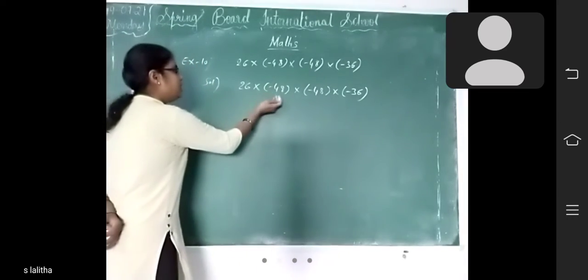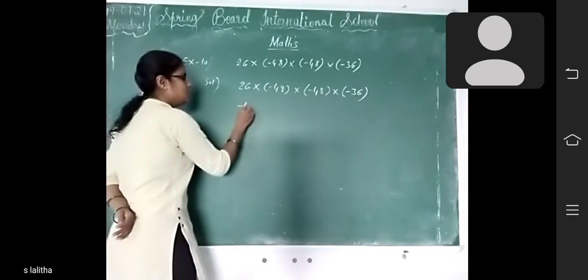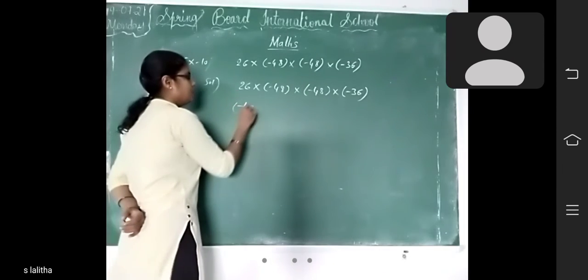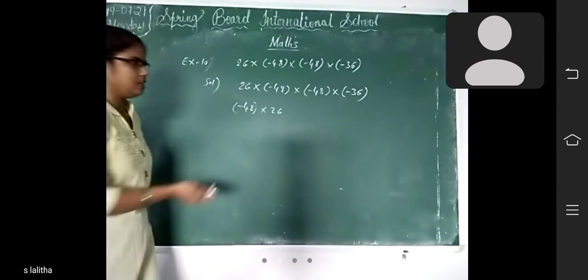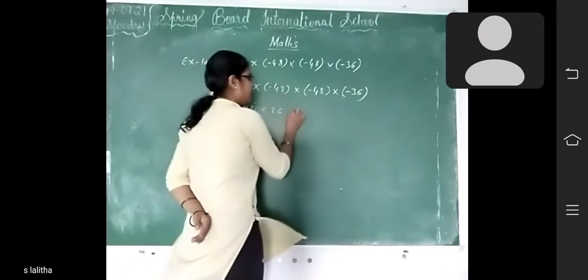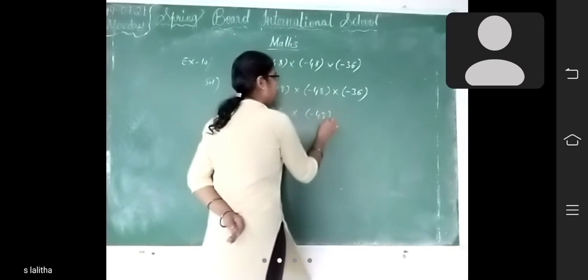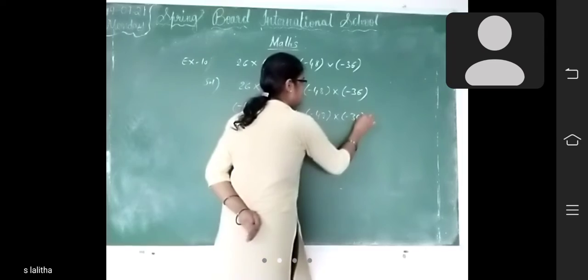Now I am interchanging these numbers. Minus 48 I am writing first into 26. Can you write like that? Yes, we can write. This is multiplication only now. Plus minus 48 into minus 36.